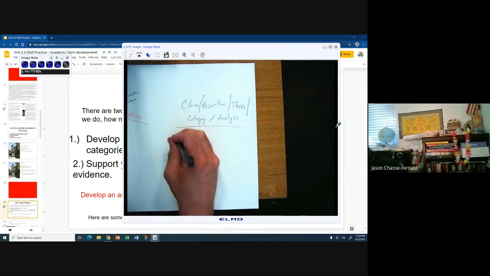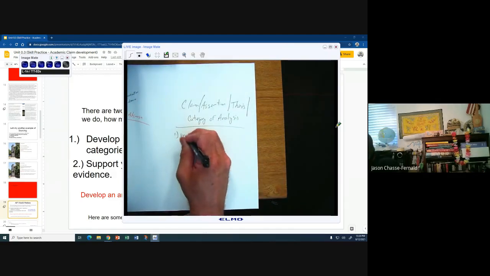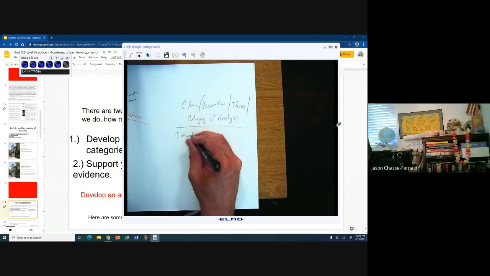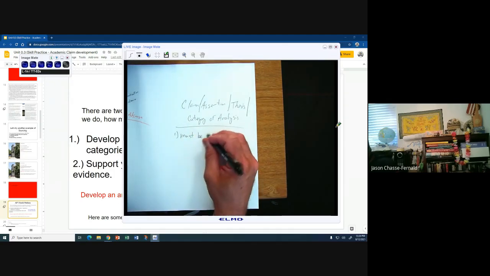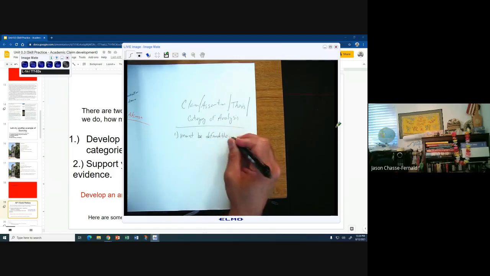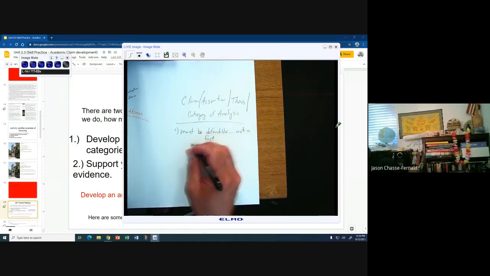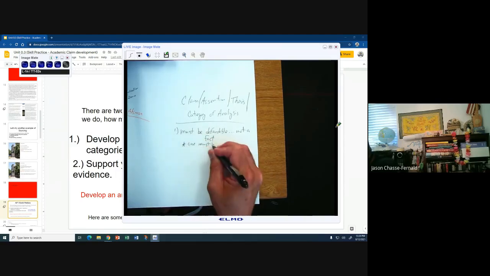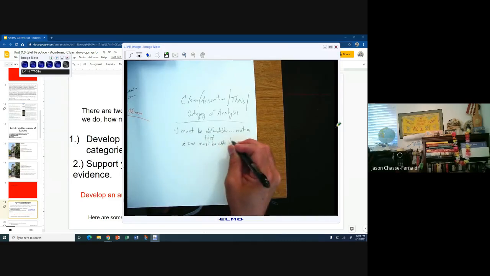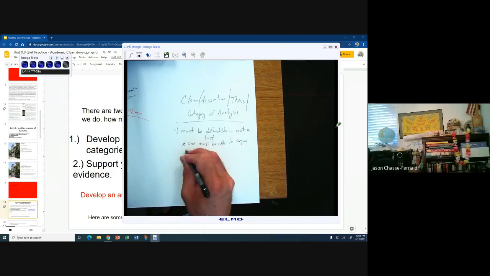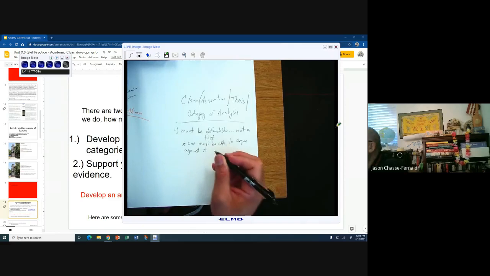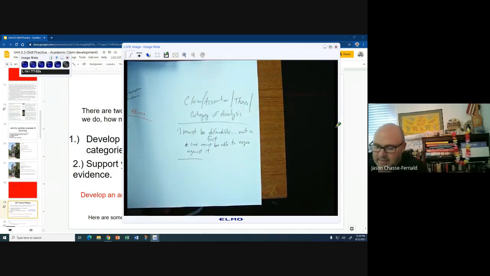All right, so what do we have here? When you're talking about a thesis, it must be defendable, not a fact. What I really mean is one must be able to argue against it.